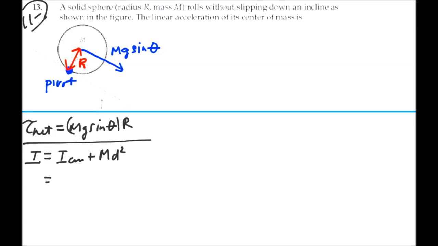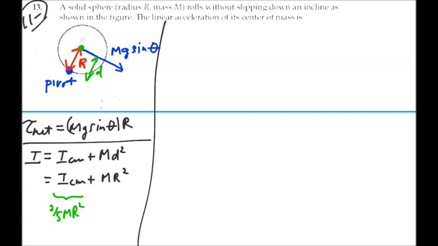So this is equal to the moment of inertia of the center of mass plus mr squared in this case, because our d is actually equal to r. Our d is this distance that we moved the axis from the center of mass. We're doing this in a general way, so we can put any moment of inertia of the center of mass in there. In particular, for a sphere, this is going to be 2/5 mr squared when we come down to it.